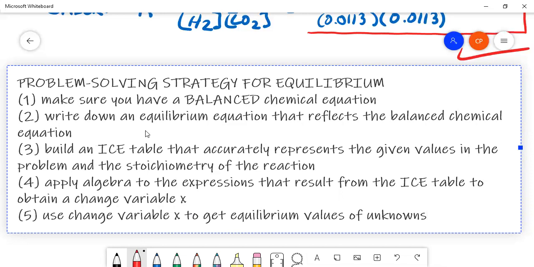And then we'll apply the change variable x to get equilibrium values of unknowns. The equilibrium values of H2 and CO2 in our previous example were 0.0150 molar minus the value of the change variable.